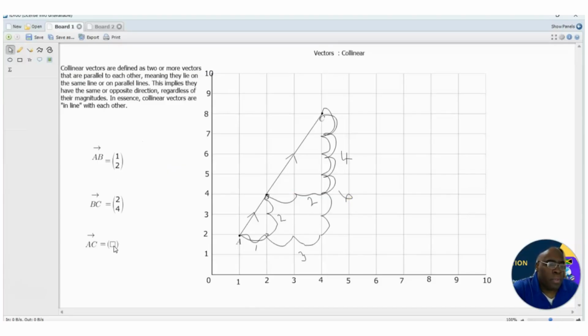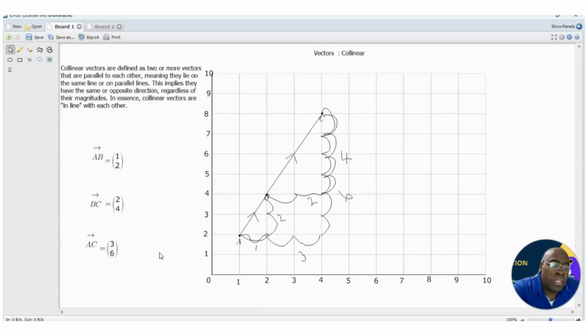So we have 3 on the x-axis and 6 on the y-axis. All right, so we are seeing now that vector AB is 1, 2, BC is 2, 4, AC is 3, 6.